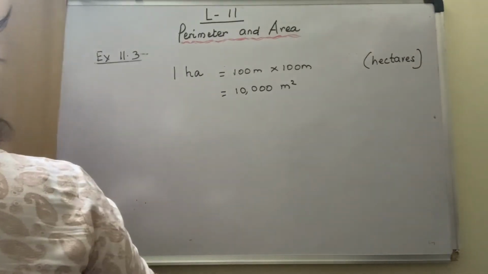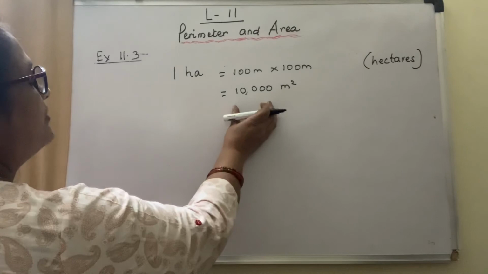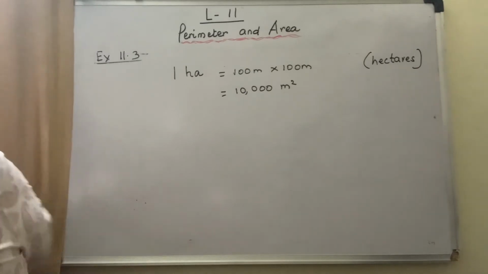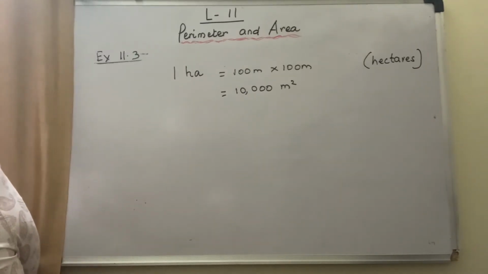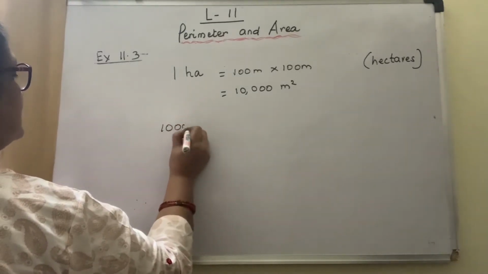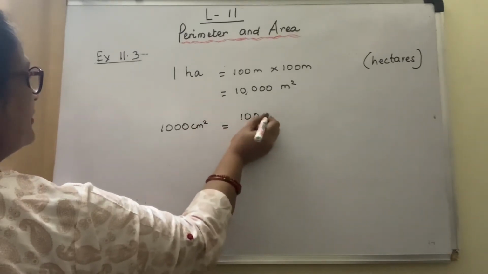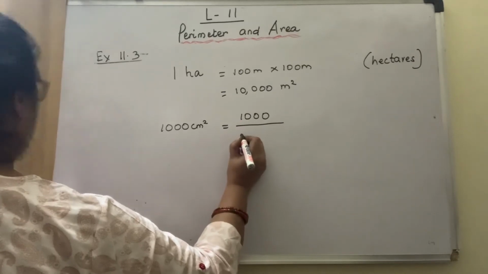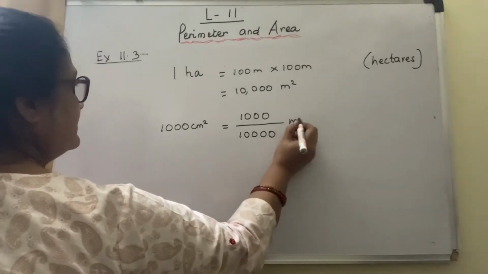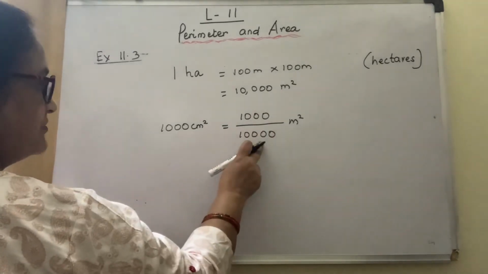Now if I take it the other way round, you can convert meter square into centimeter square also. See, 1,000 centimeter square is equal to 1,000 upon 10,000 meter square, because 1 centimeter square is 1 upon 10,000 meter square.